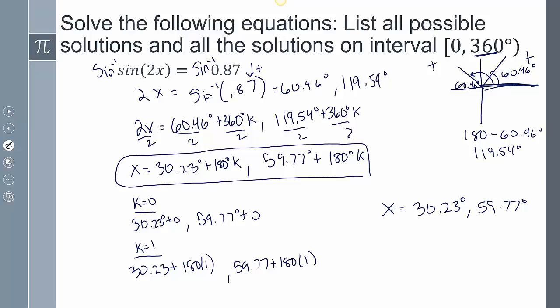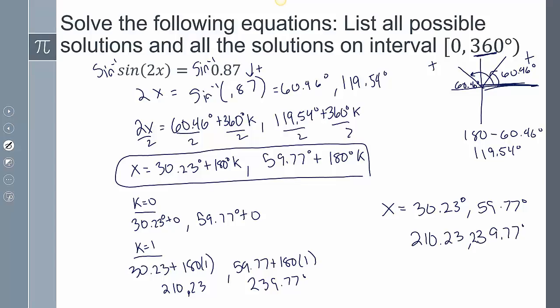So plugging that in there, I'm going to get 210.23 degrees, and for the other one, you're going to get 239.77 degrees.